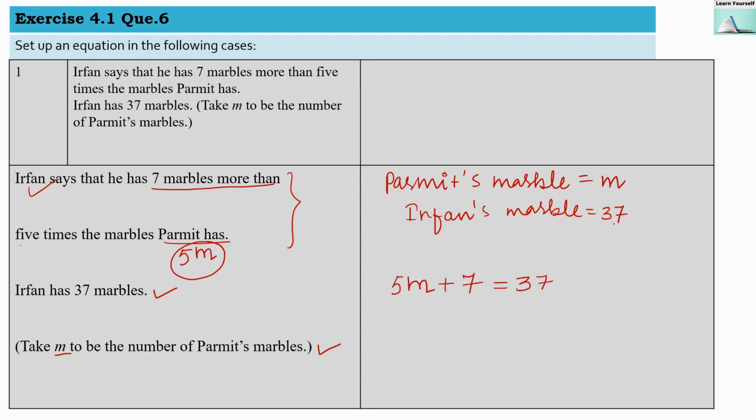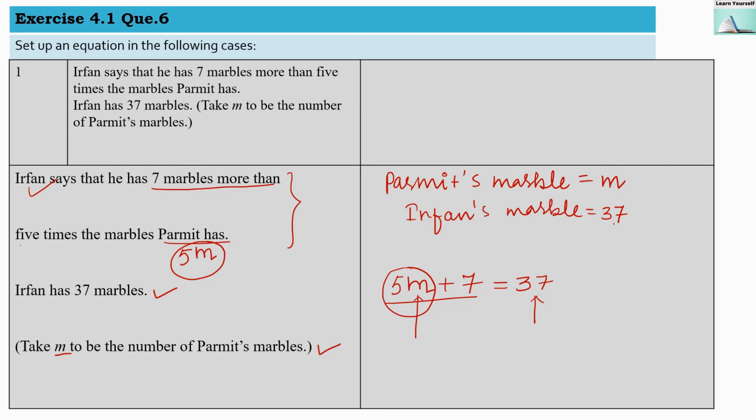Because Irfan says that he has this many marbles, but actually Irfan has 37. The equation we will write will give us this answer, that is 37. So he says 7 marbles more than 5 times the marbles Parmit has. Parmit has m number of marbles, so here we are going to multiply 5 with m, that is 5 times m.